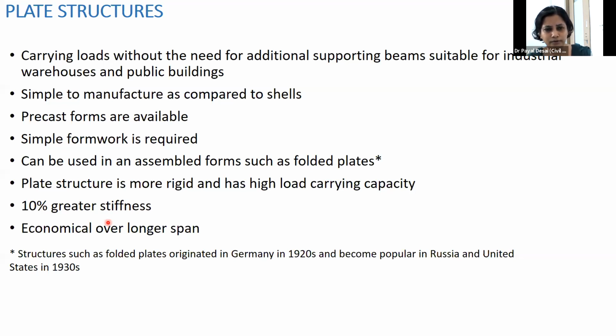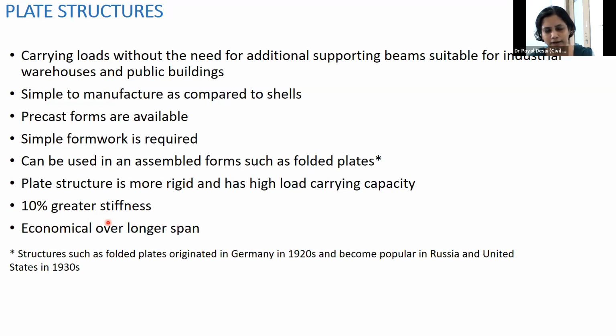The folded plate became popular early in Germany in the 1920s, and then it became very popular in Russia and the United States in the 1930s. Nowadays, you have seen many structures everywhere around the world which use folded plates. Then, as I told you, a plate is more rigid and has very high load carrying capacity, greater stiffness, and is of course economical over longer spans.